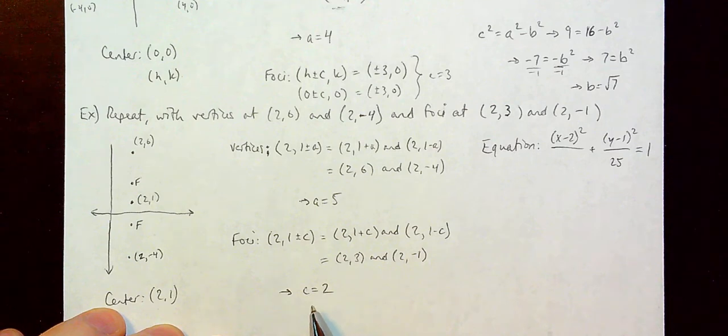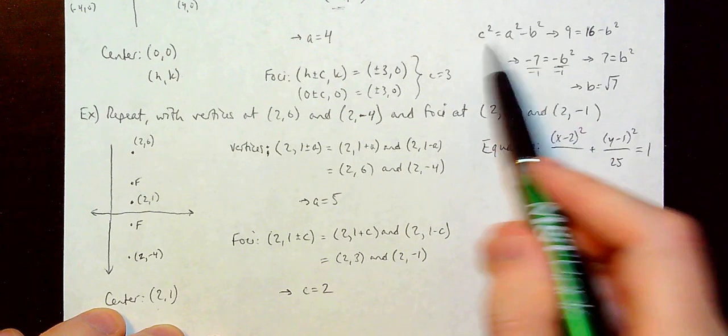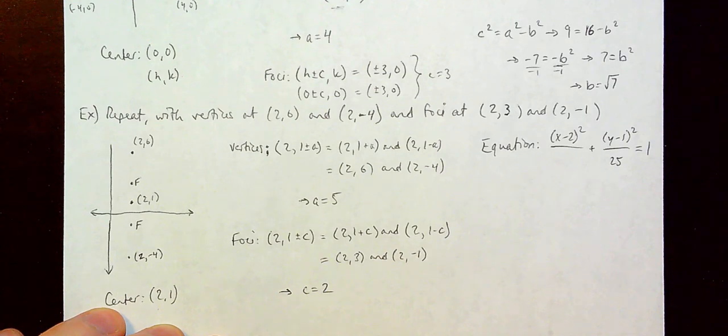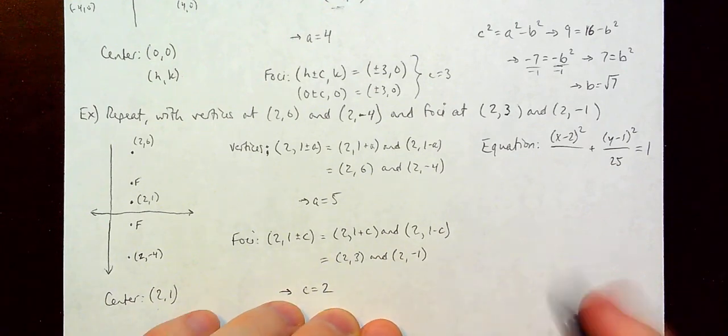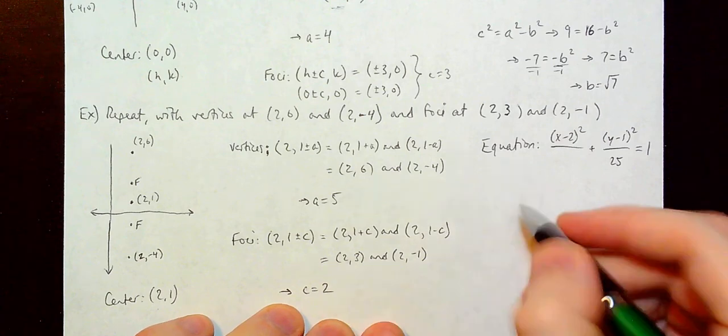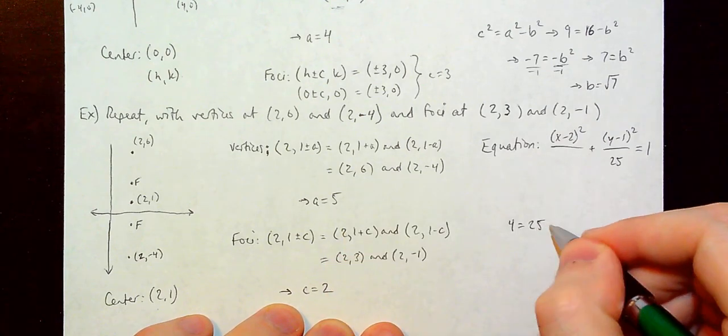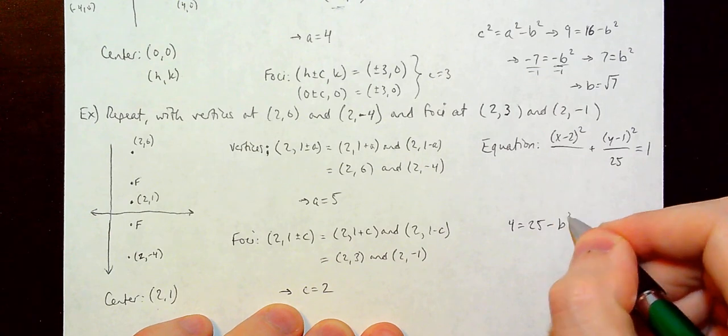Let's see if we can come up with our B value. Just like the previous problem, we're going to use that C squared equals A squared minus B squared thing, and we're going to see what we come up with. So C squared, 4, is equal to A squared, 25, minus B squared.